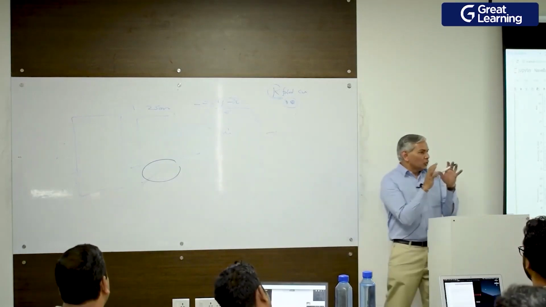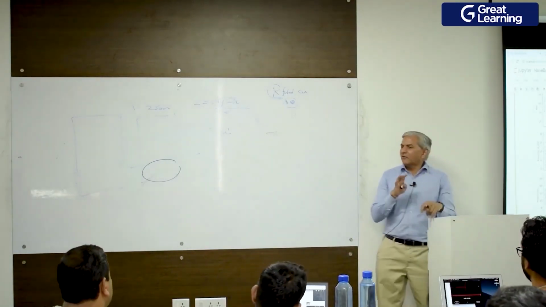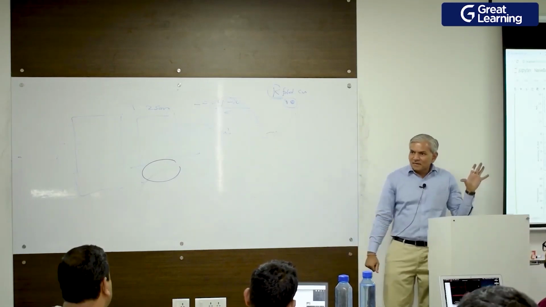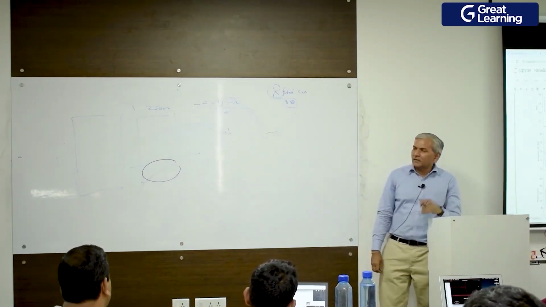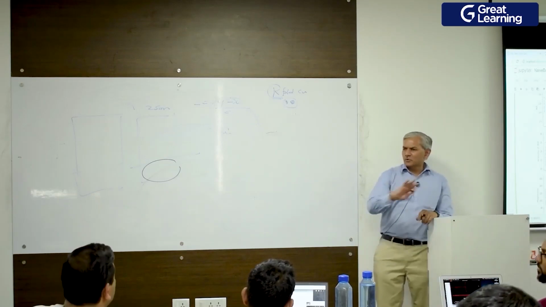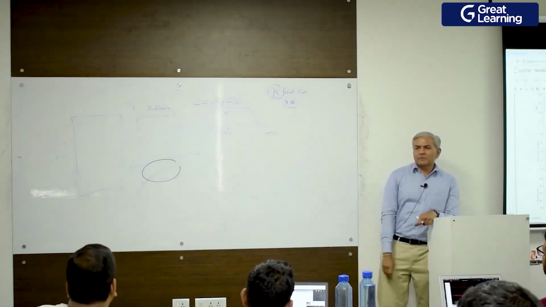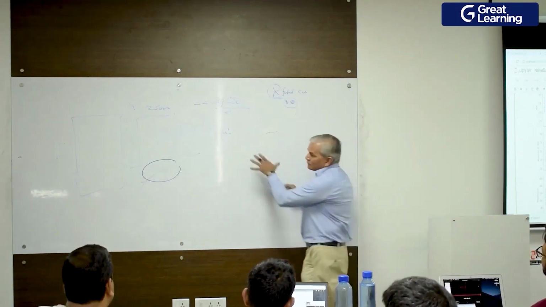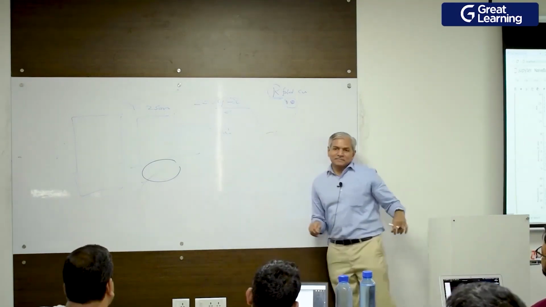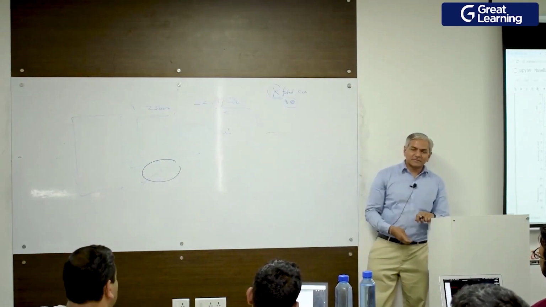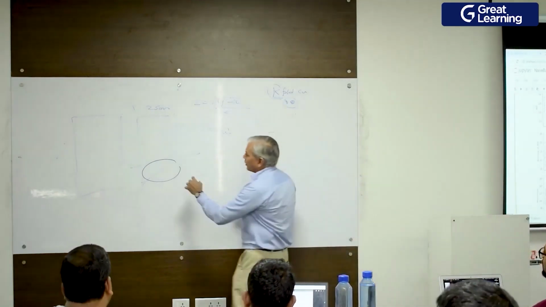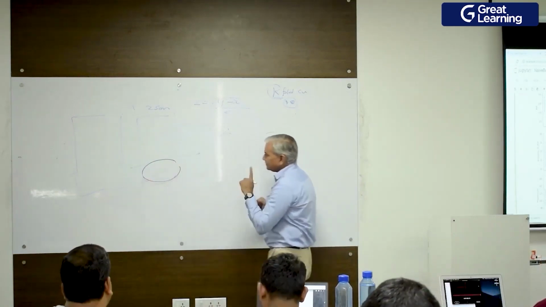But the test data in no way should have been influenced by the training set. They are not independent of each other. This is a very common source of data leaks. In the classroom, it's okay, but you cannot do this in your projects. Then what will happen is, your model will perform well on test, but it will bomb in production. That is one very common way of data leaks.